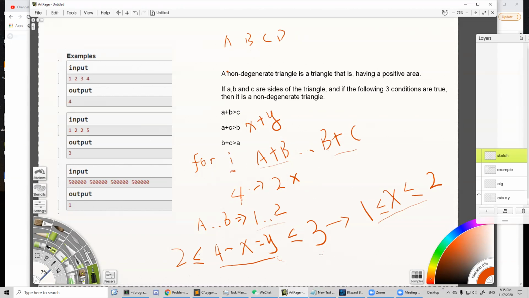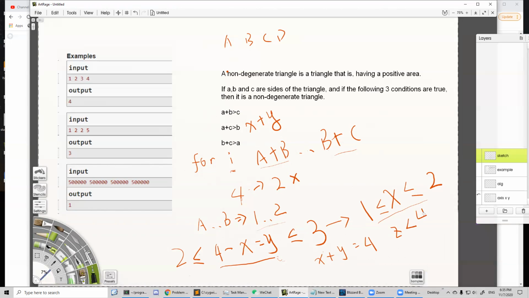Because x plus y already equals 4, z must be smaller than 4, right? That is one more restriction we have on z. So currently we have z is bigger than 3 and smaller than 4.